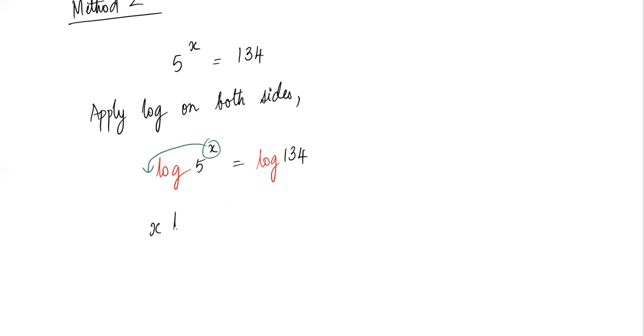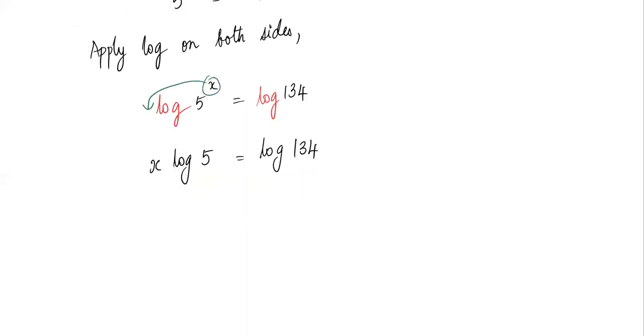So it will be x log 5 equals log 134. I obviously want to use log, which is a common log in this case, to be able to use the calculator. So you don't want any other base. You could use log or ln. ln is also fine. And then one more step. I need to get x by itself, divide both sides by log 5.